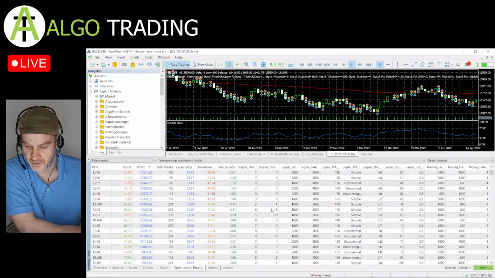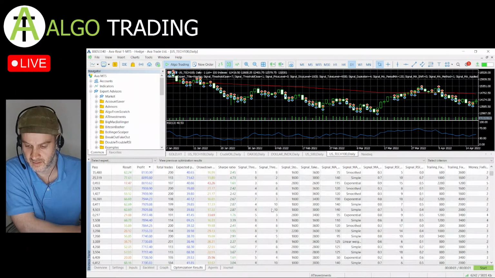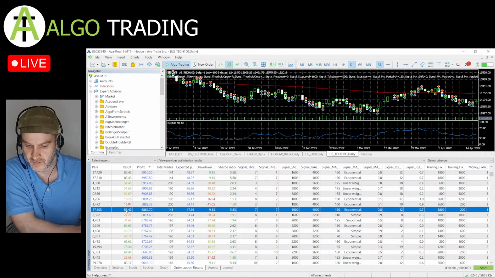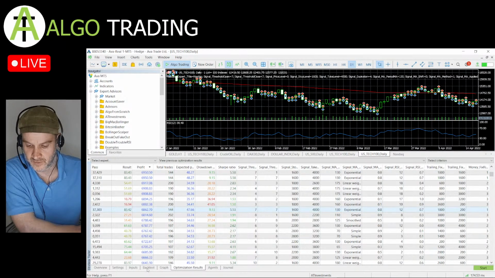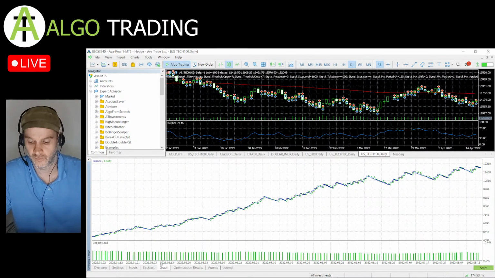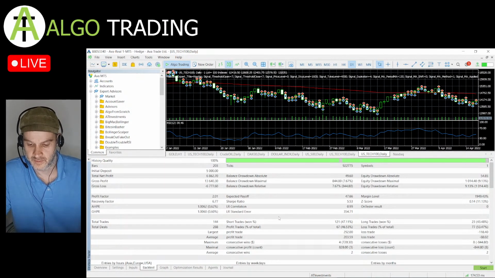Let's just look at something else. Let's just see next highest result. Oh, what's this? This chart, that looks much better. So the number of trades is 144, 46%. So it's about the same.